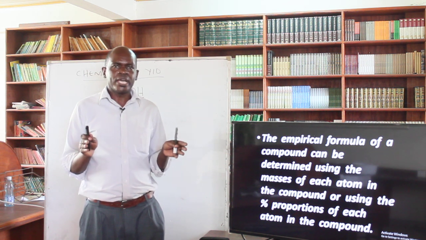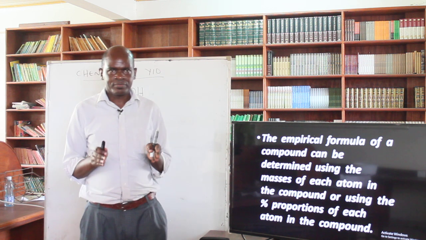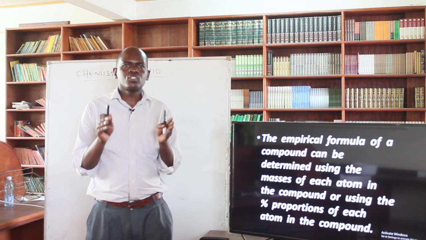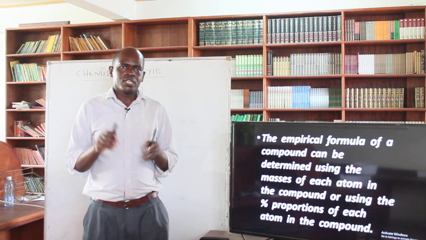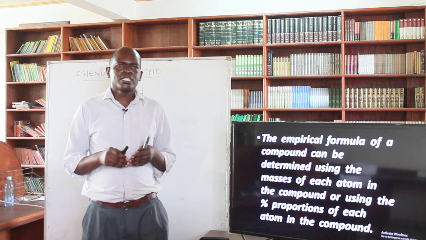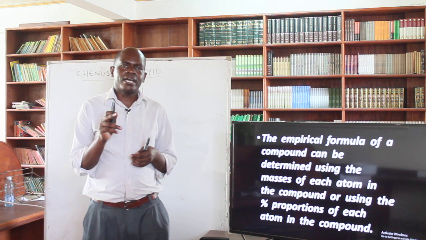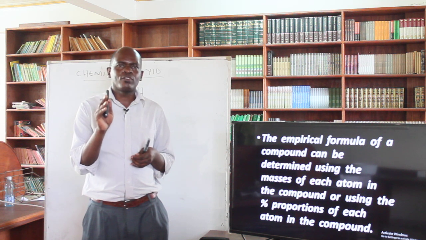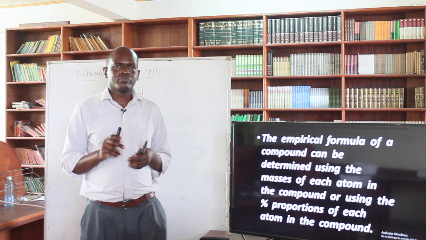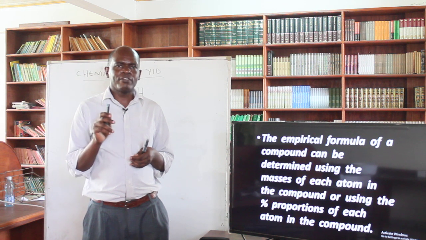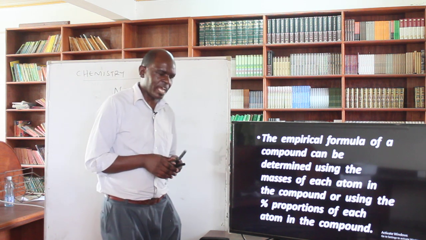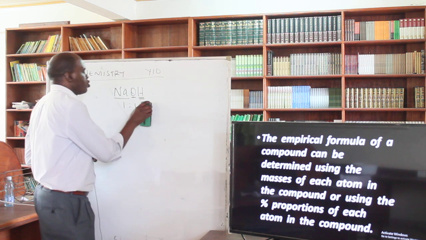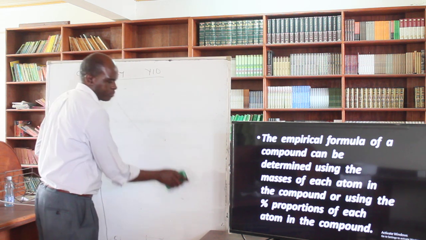Now remember that when we have a compound, let's say copper sulfate, copper sulfate has a copper atom, we have a sulfur atom, and we have oxygen atoms. But the formula of copper sulfate is CuSO4.